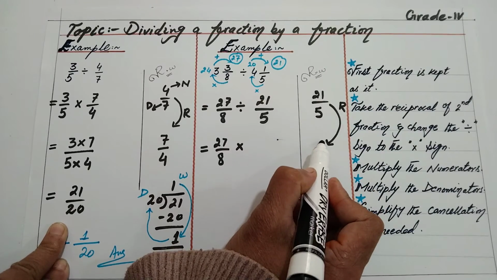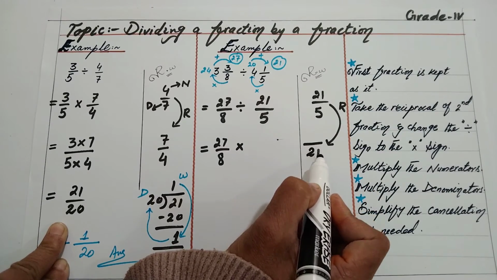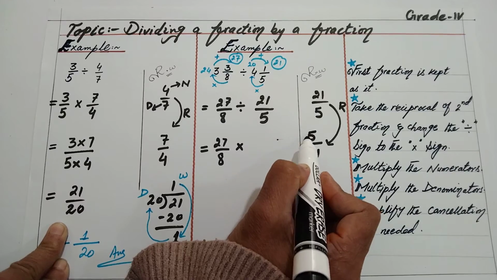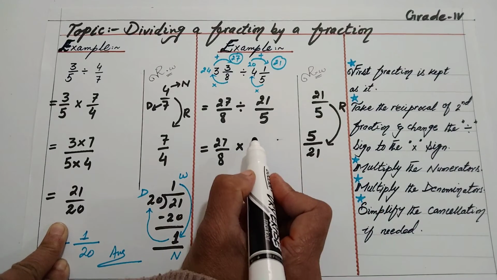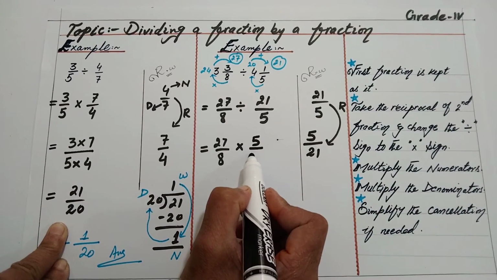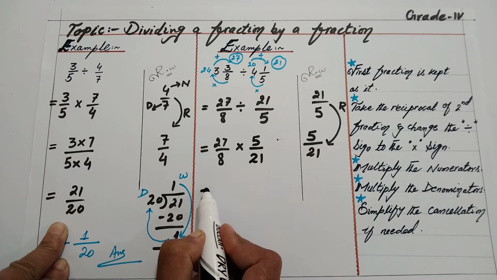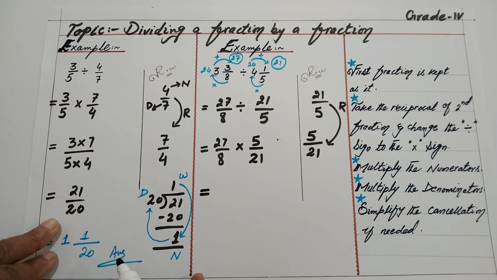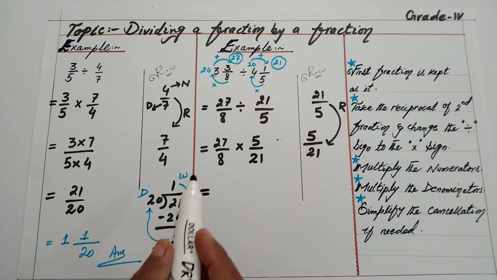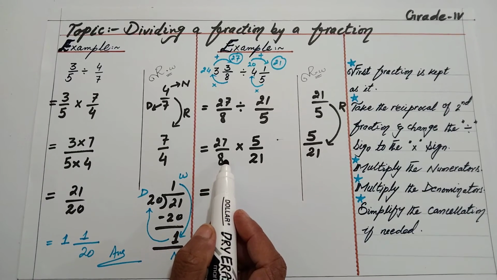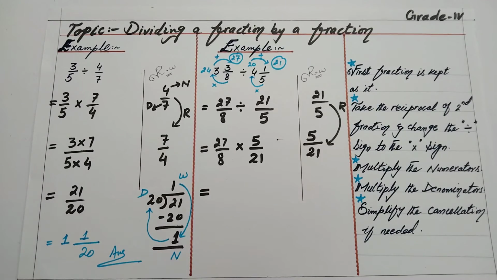Numerator will become the denominator, and denominator will become the numerator. So the reciprocal is 5 over 21. Clear? Okay.